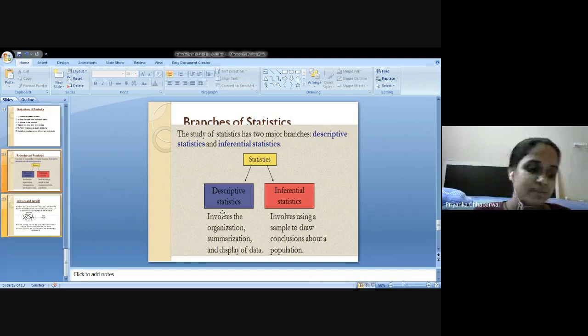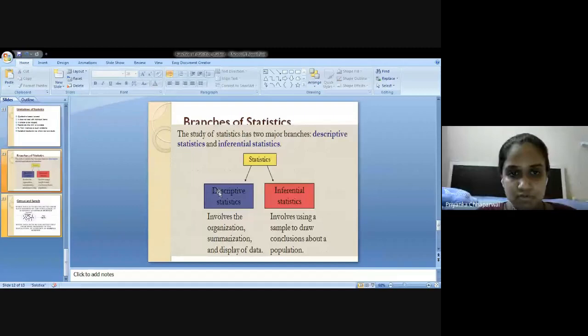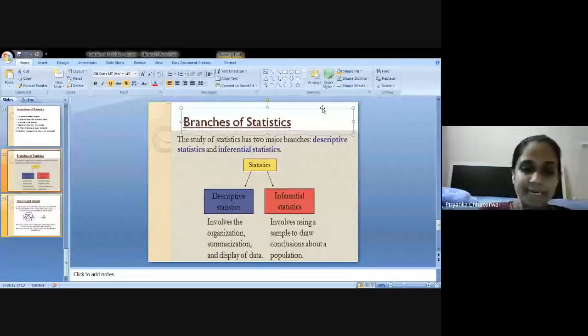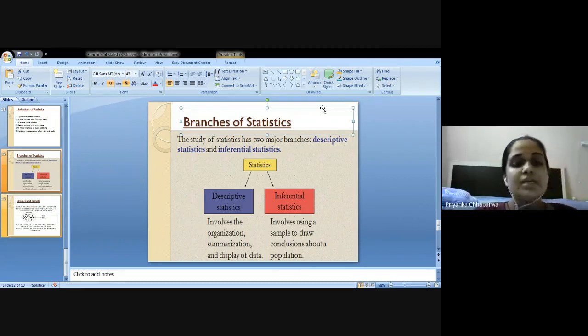So what is the use of descriptive statistics? It is used to provide a description of the population in a summarized way, like graph, table, numerical calculation. हम descriptive statistics में just give description of the population. कैसे हम describe करते हैं?